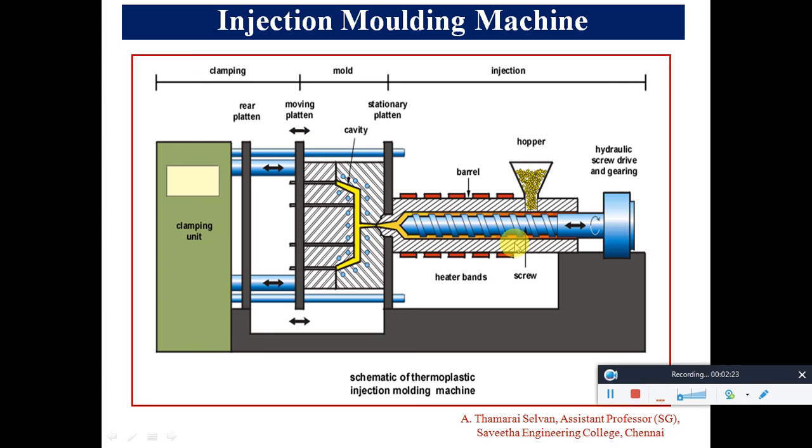This is a reciprocating screw, and this barrel is attached with heater bands to heat up the plastic material that we insert through this hopper, so that because of the heat it will start melting and get plasticized. Once this screw is driven, these plastic materials will slowly move along and get into the cavity of the die. So this is how injection molding works.